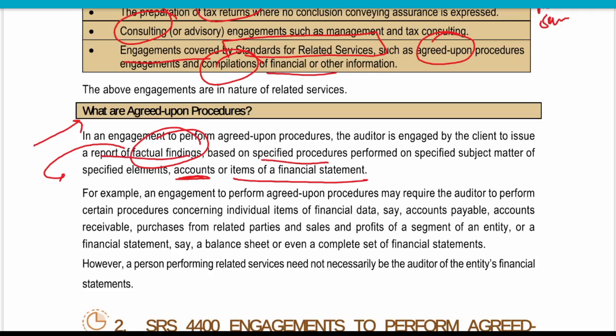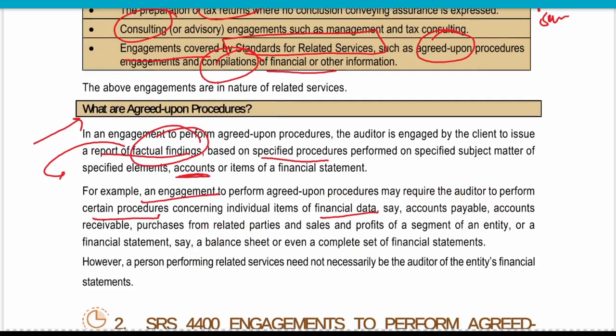For example, an engagement to perform agreed upon procedures may require the auditor to perform certain procedures concerning an individual item of financial data, say accounts payable, accounts receivable, purchases from related parties, sales, profit, a segment of an entity, or a financial statement, say balance sheet, or even compare a set of financial statements.